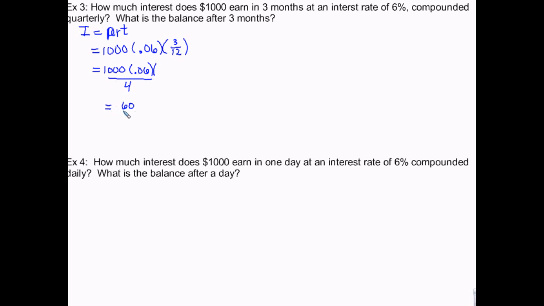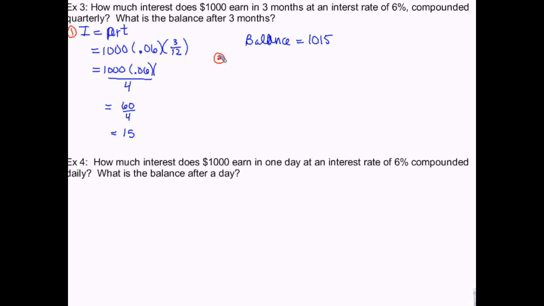So it's 60 divided by 4. And I should know that off the top of my head, but I just don't right now. So it's 15. So at the end of 3 months, your balance would be 1,015.